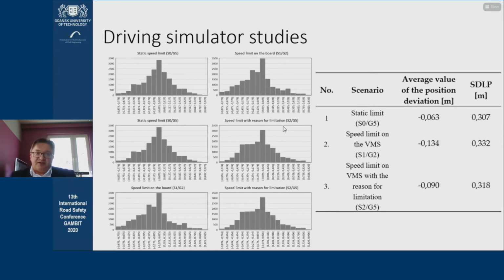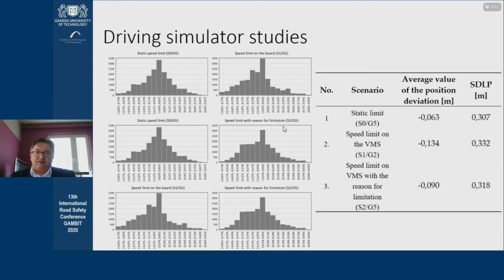The driving simulator was also used to understand the reaction of drivers to variable message signs when it comes to staying in lane, meaning changes in the distance between the axis of the traffic lane and the vehicle's longitudinal axis.